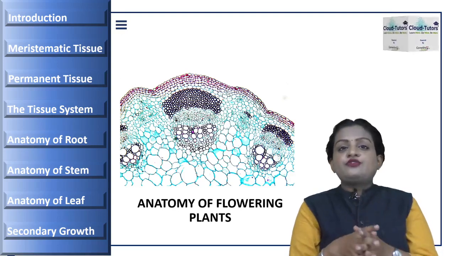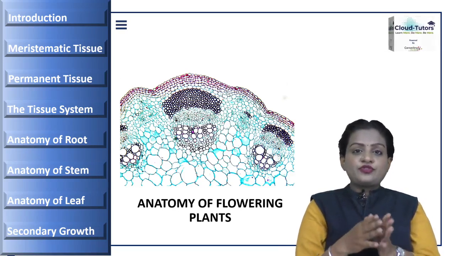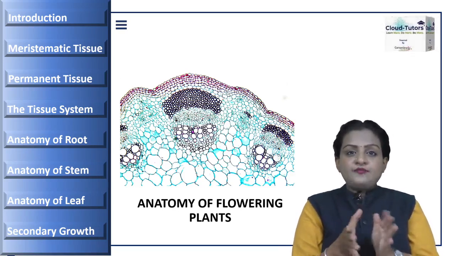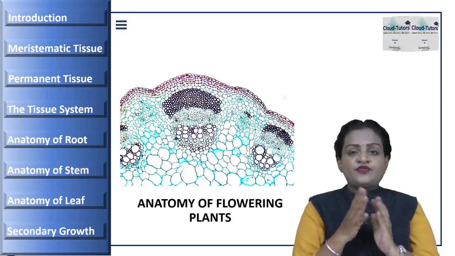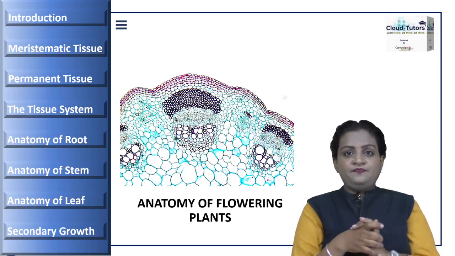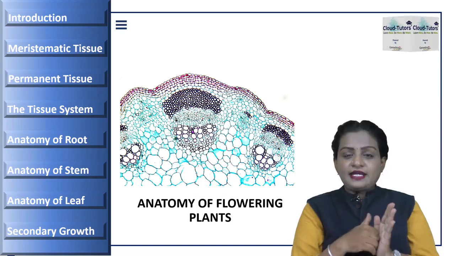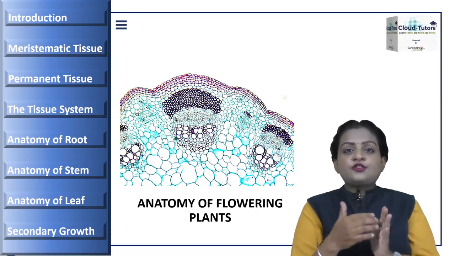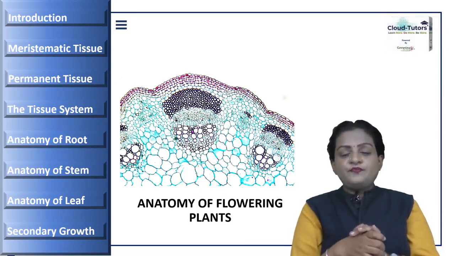Coming to permanent tissue, meristematic tissue become permanent tissue by a process called differentiation. Permanent tissue are of two types based on whether they are made up of one type of cell or many types of cells. We have simple permanent tissues. In that we have parenchyma, a living tissue, which helps in secretion, photosynthesis and also buoyancy and storage of food.